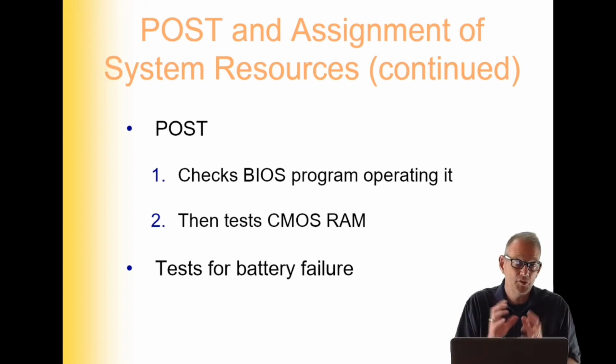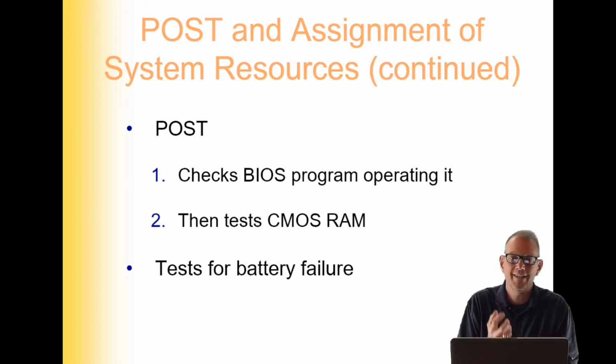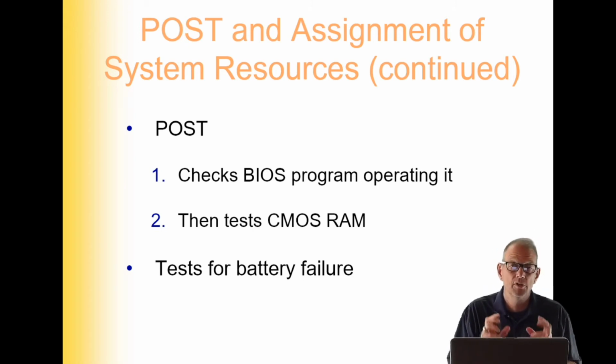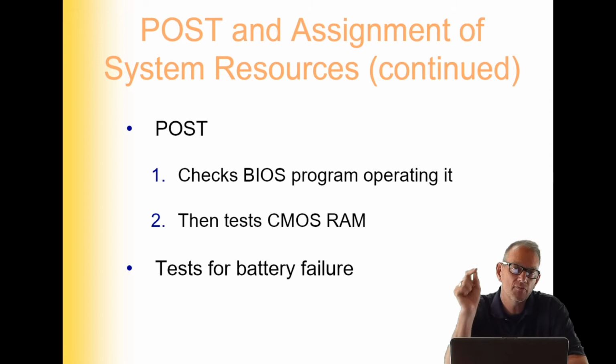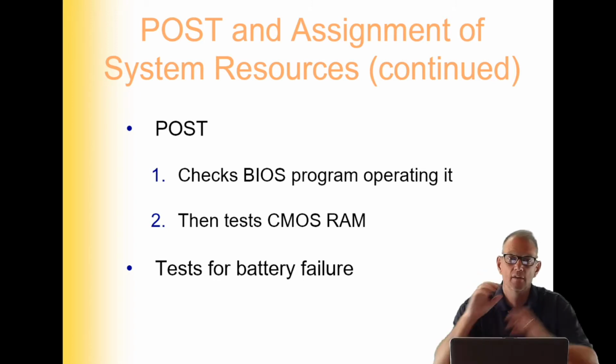POST checks the BIOS program itself, checks CMOS ROM, and tests for a battery failure. When we talk about battery failure, we're not talking about a laptop battery, we're talking about that little CMOS battery. Because if the battery has failed, the BIOS knows that all the information in CMOS RAM is wrong, because it's gone back to defaults and it's not right.